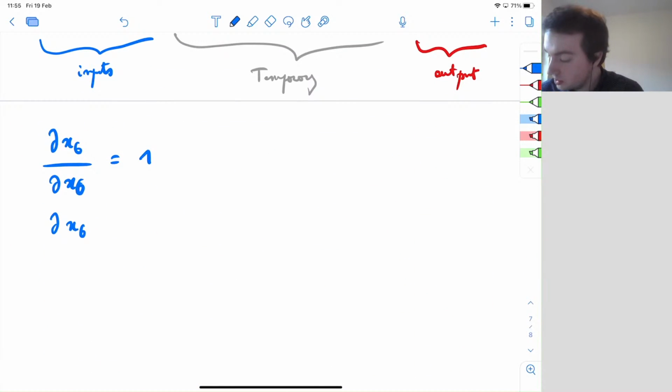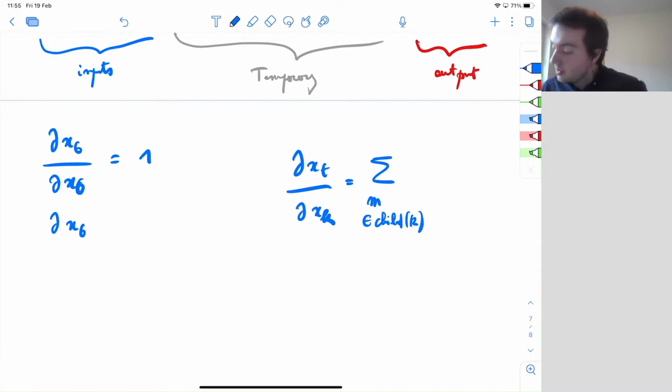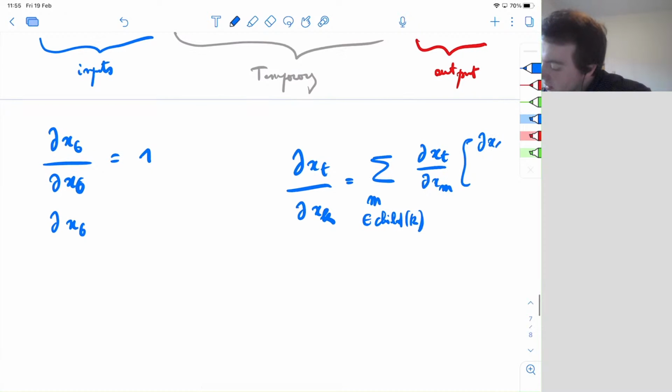So what we would do is that at every step we would compute x_t with respect to x_k as the sum over the children m of x_t with respect to x_m times x_m with respect to x_k.